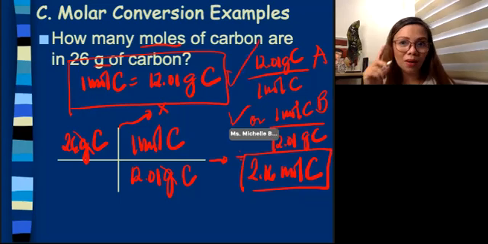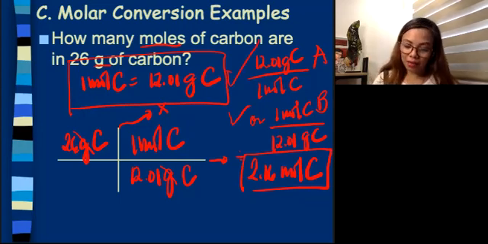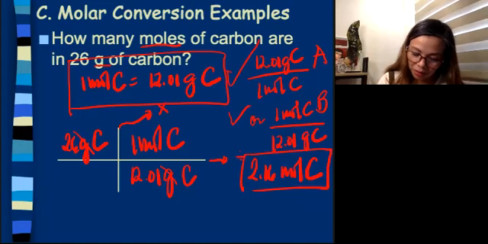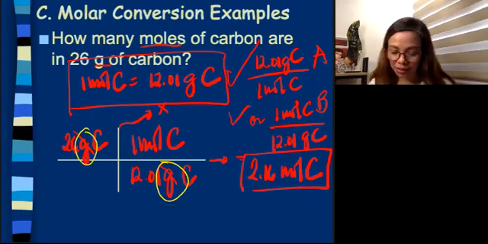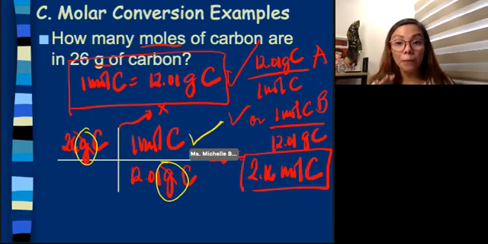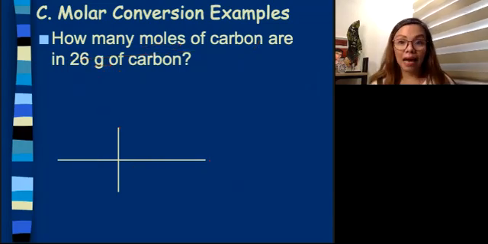The goal is to cancel the unwanted unit, to cancel the known unit. Therefore, we put that in the denominator to cancel the known unit to get the unwanted unit, and that is in moles. Okay? Now, that's my example.